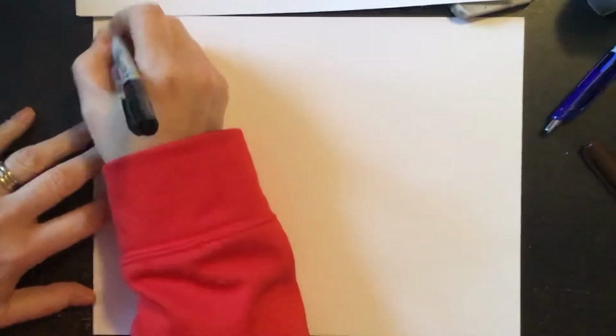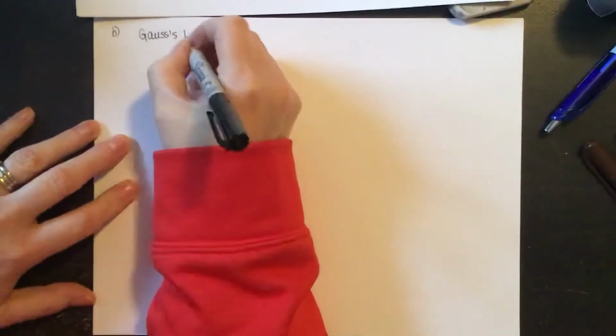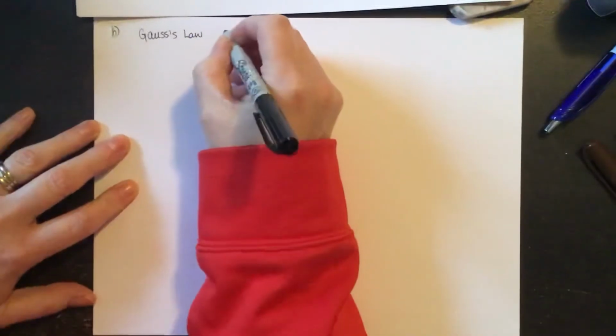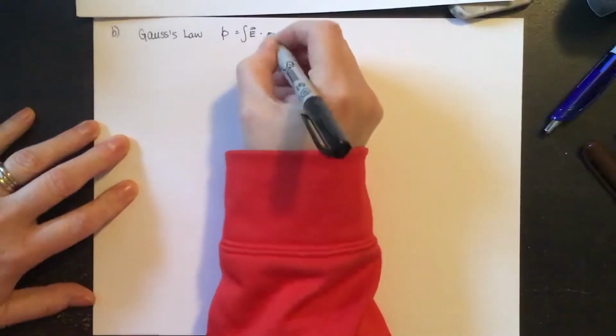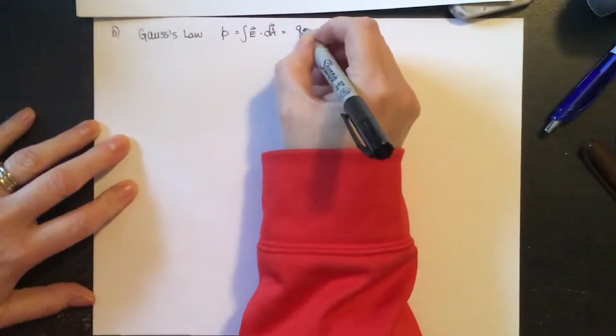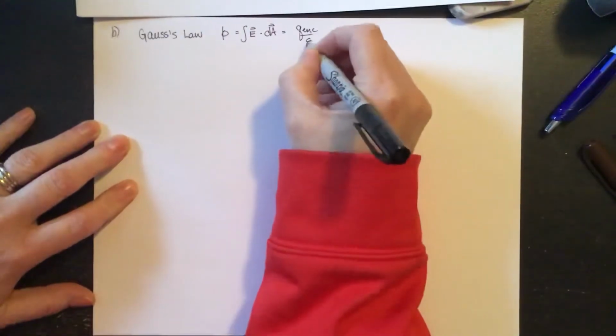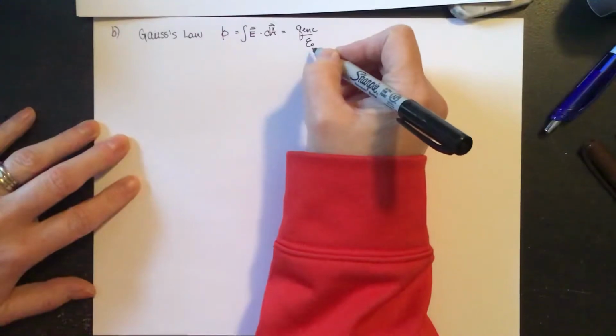Let's write down Gauss's law first. It says that the net electric flux through any closed surface is the integral of the electric field over that surface, and the net electric flux could also be given by the net charge enclosed by the surface divided by the constant epsilon naught.